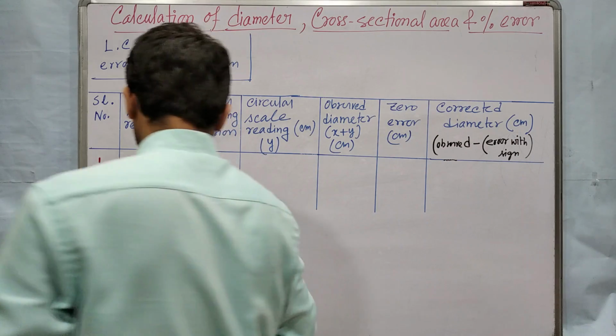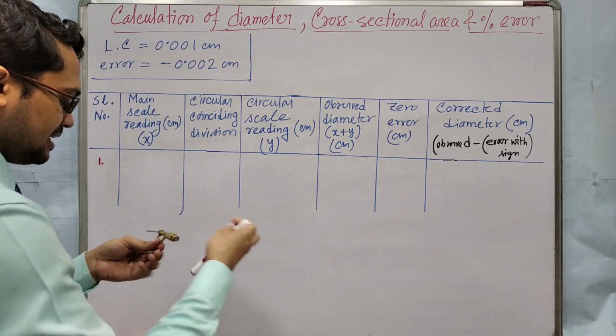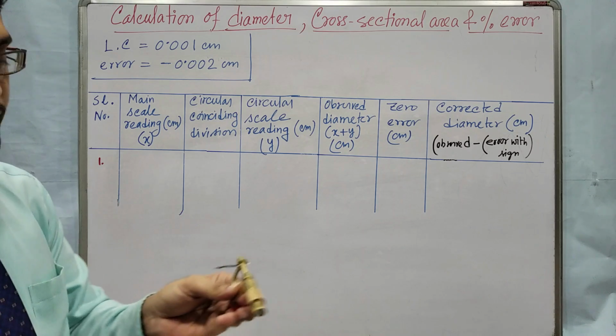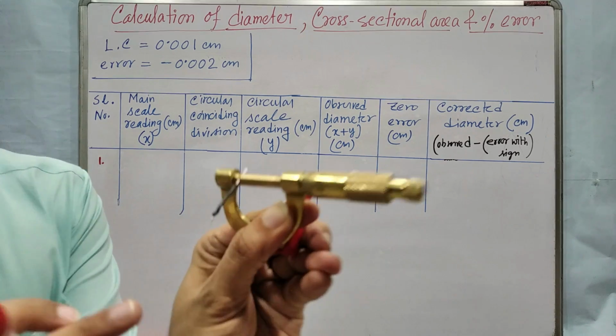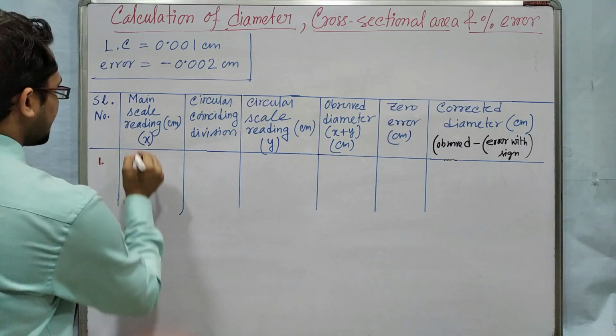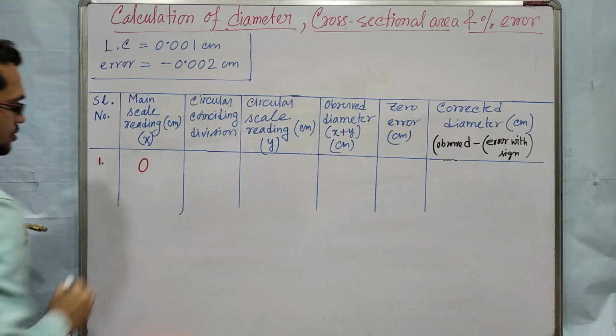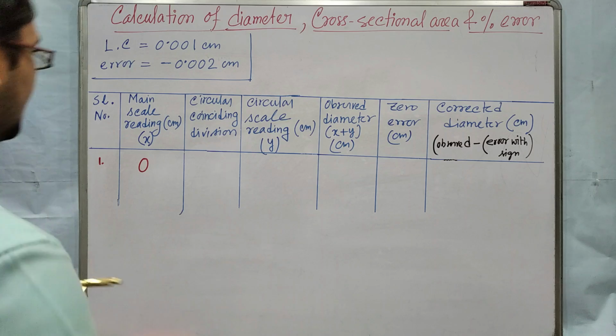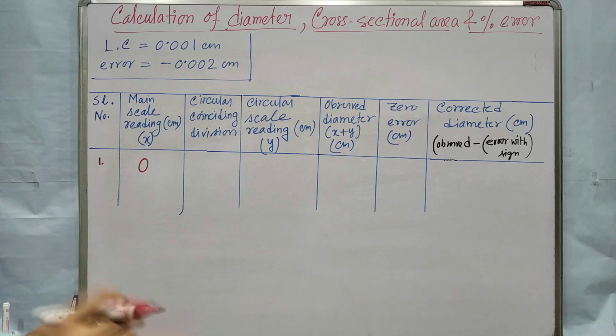Main scale reading is the value on the baseline which we can see. Here, which value can you see? You can see only the 0 value, so main scale reading will be 0. The main scale is graduated in millimeter, but when you write here, you will write it in centimeter.